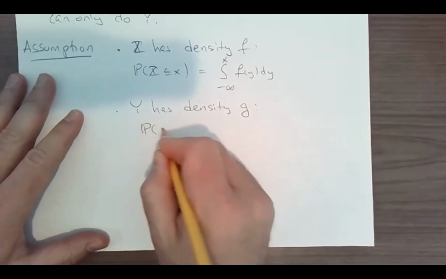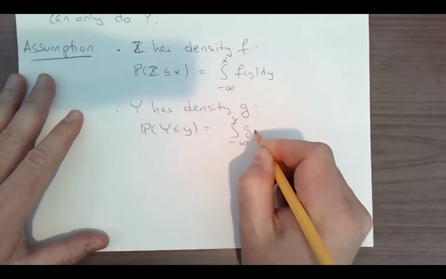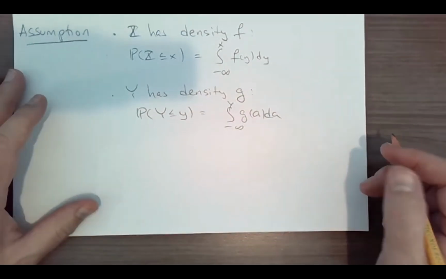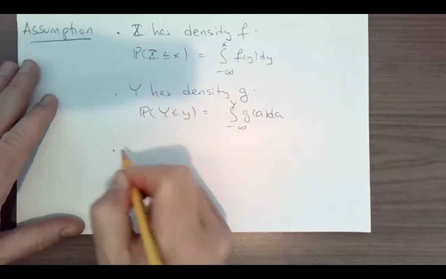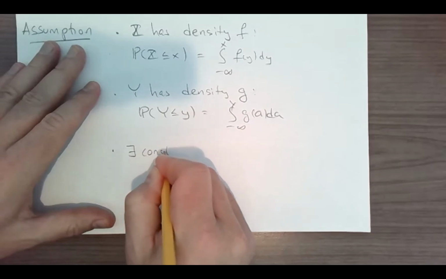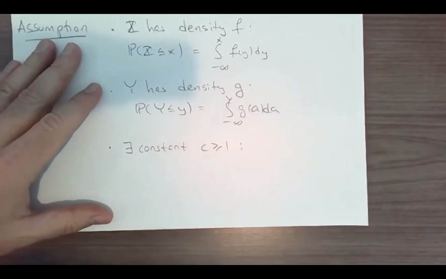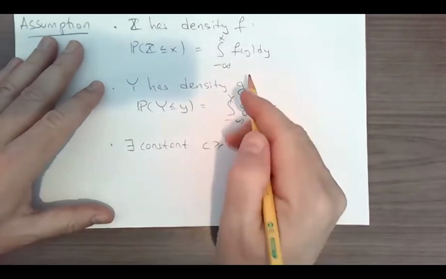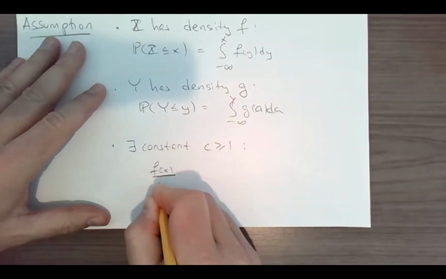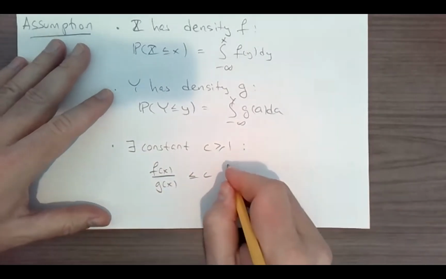That means that the probability that Y is less than y can be calculated by integrating g of a, da. Those were two assumptions. And the third one is that there exists a constant c bigger than 1, such that when I take the ratio between these two functions, f of x divided by g of x is less than c for any x.